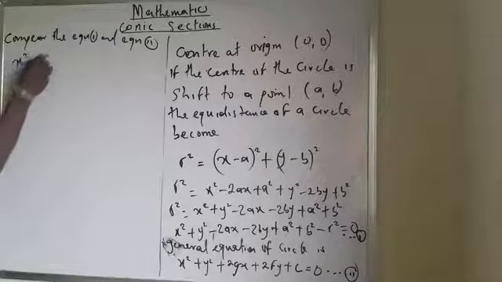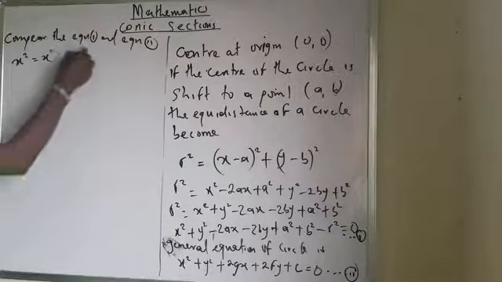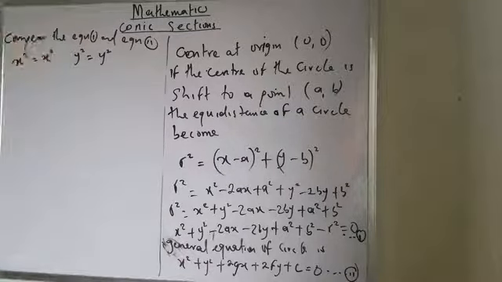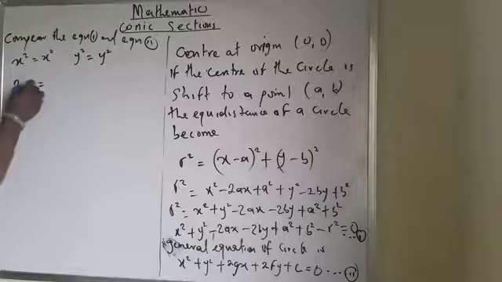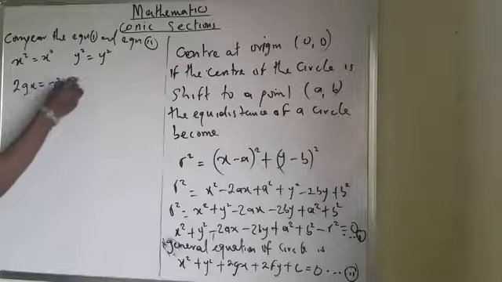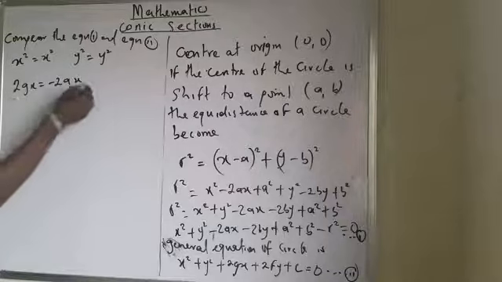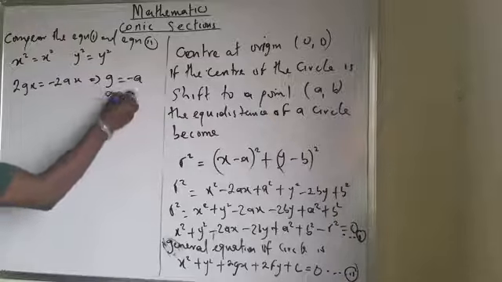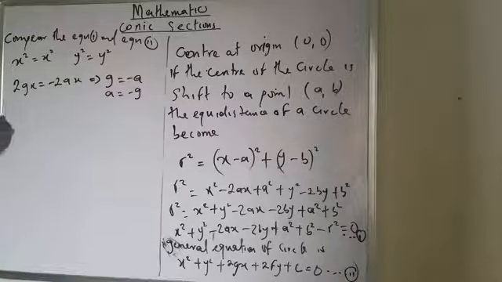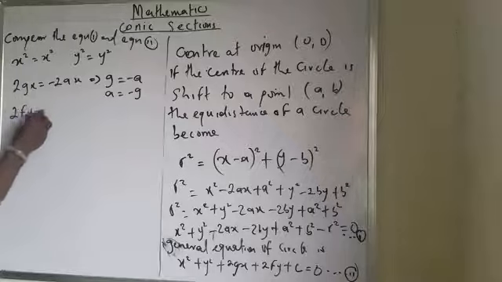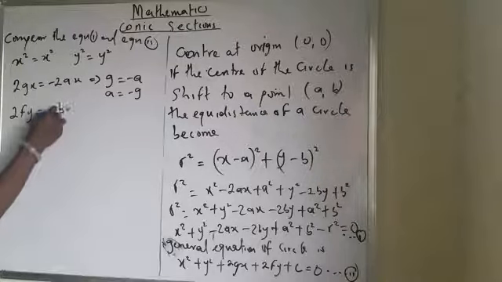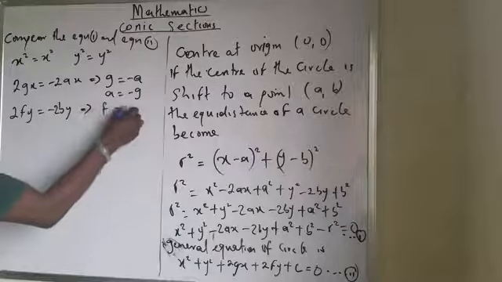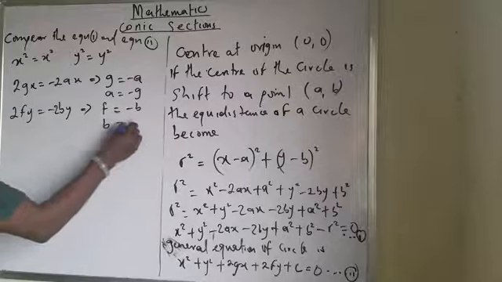Now, I can say that x squared equals x squared, which is very correct, and y squared equals y squared. We're just comparing this to this. Then 2gx equals minus 2ax, which implies g equals minus a and a equals minus g. Please take note of that. Also 2fy equals minus 2by, which implies f equals minus b and b equals minus f.